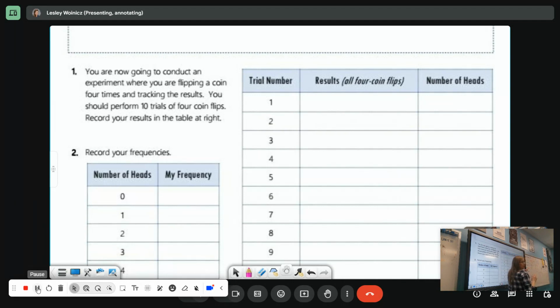So you're going to do a total of how many flips? 4 times 10 is 40. Does everybody understand how to do the experiment? If you're working with a partner, one of you can record and one of you can flip. If you're working by yourself, you're going to be busy with both hands. All right, we're ready? Go.